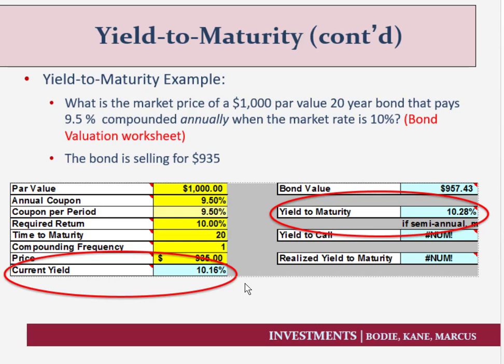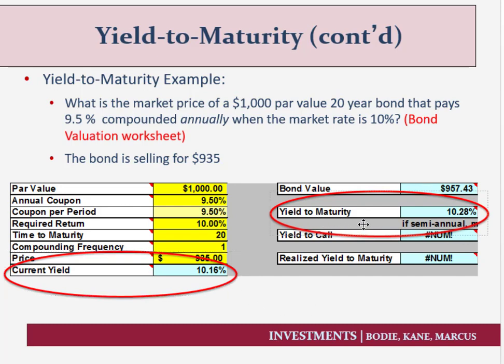So here we have this same bond we were talking about. If I were to tell you that this bond is selling for $935, what would that tell you? Well, in the very first year, you'll spend $935. You're actually going to receive $95 in coupons. So the current yield this first year is 10.16%.